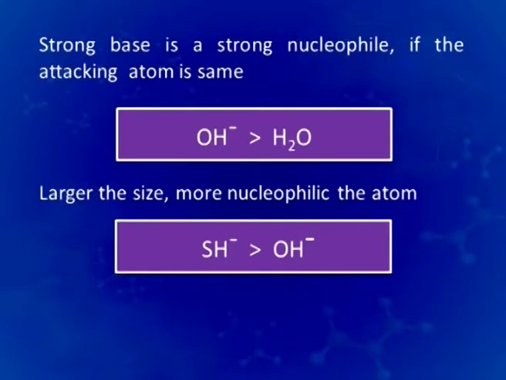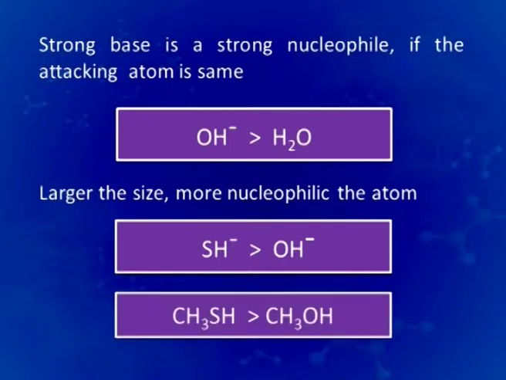Sulfur, being larger in size, has a better polarizability and therefore is more nucleophilic as compared to the hydroxide ion. Similarly, if we consider their neutral counterparts, that is the thiol and the alcohol, we find that the thiol is again more nucleophilic as compared to the alcohol.